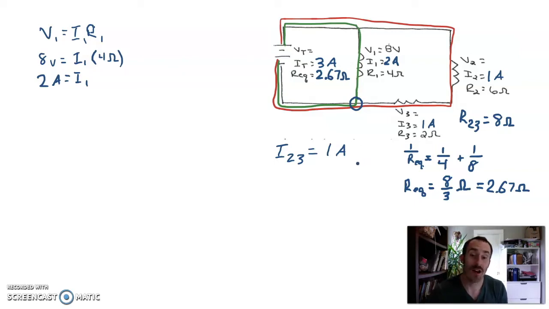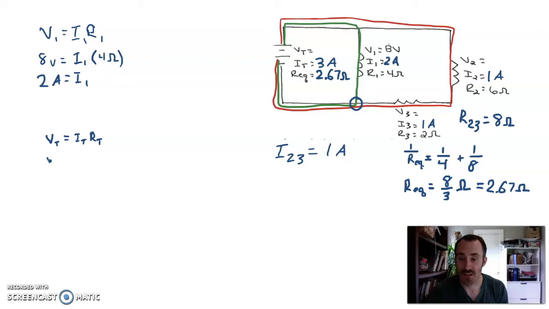Now I can get VT. So Ohm's law says that the total voltage is equal to the total current times the total resistance. And I'm going to use RT here just to be consistent with my subscripts, but RT is Req. It's equivalent resistance for the circuit.